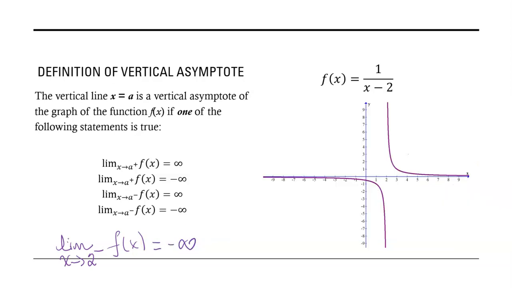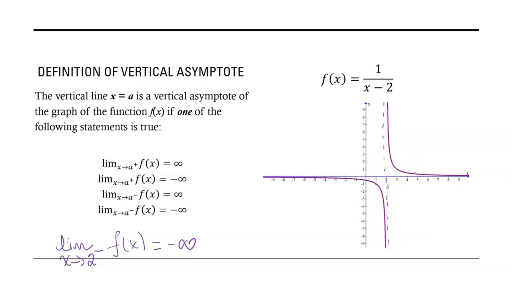So we could take a look at the graph of this function, 1 over x minus 2. And looking at the graph here, we can see that there is a vertical asymptote.